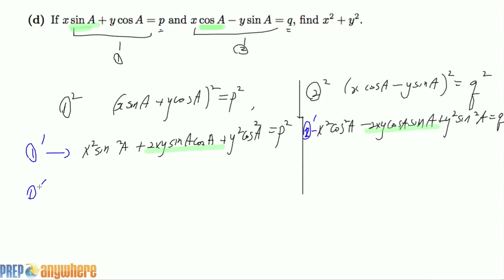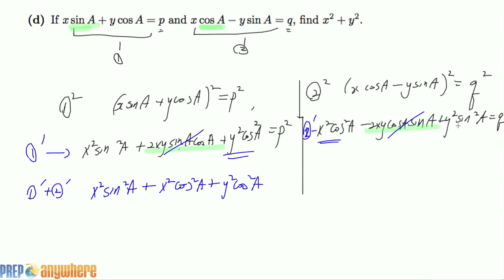Okay, so let's add these two equations. If you add the left side, you can see that these two will cancel each other out. That and that will cancel each other out. And we're going to get x squared sine squared a plus x squared cosine squared a plus y squared cosine squared of a plus y squared sine squared a.